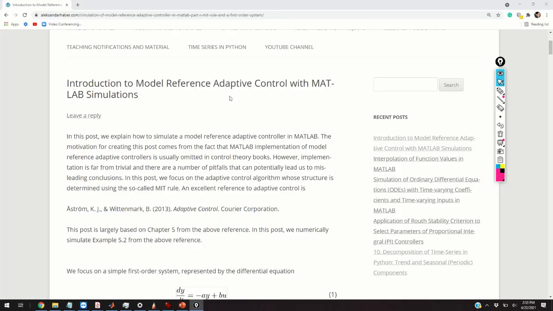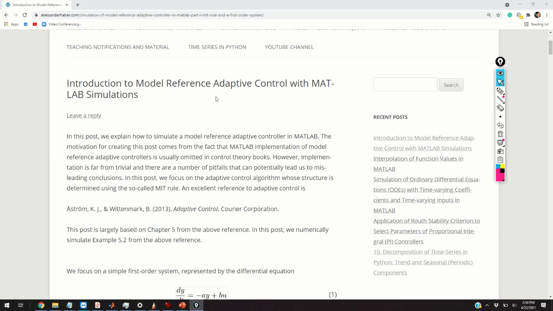This is the post I created that thoroughly explains the model reference adaptive control algorithm. But before I start, I need to explain why I created this video. The motivation comes from the fact that Matlab implementation of model reference adaptive controllers is usually omitted in control theory books.